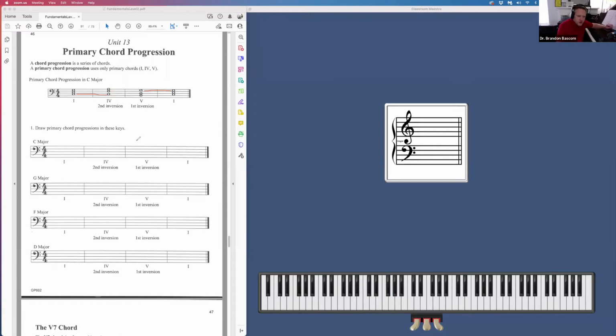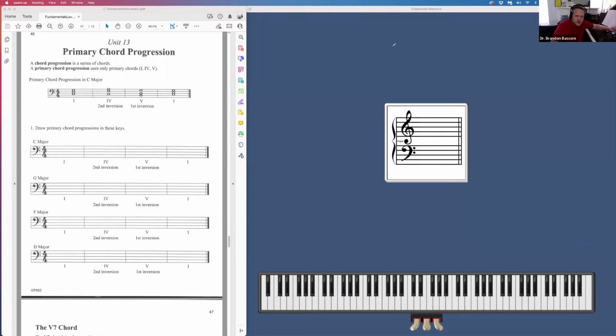So that is the primary chord progression that they want you to write out in Unit 13 for all these keys. They've done C for you, so it should look like this. Stacked root position, second inversion, separation for the bottom note, first inversion, separation for the top note, back to your root chord.